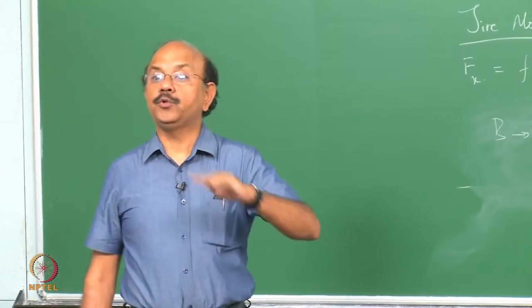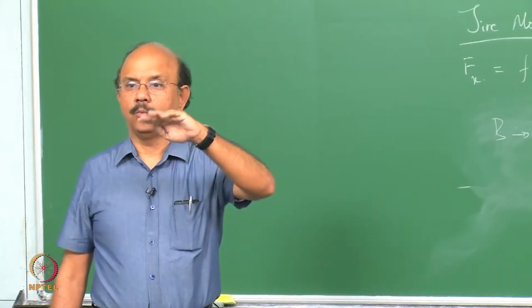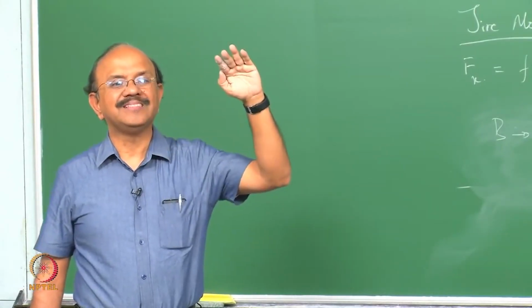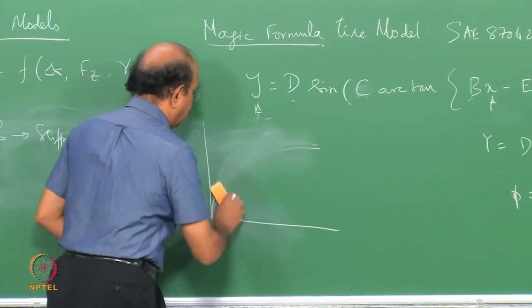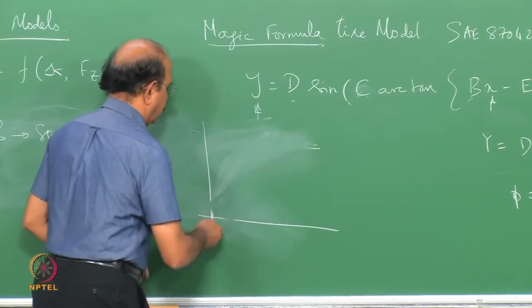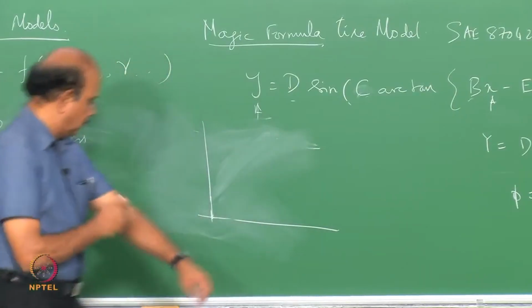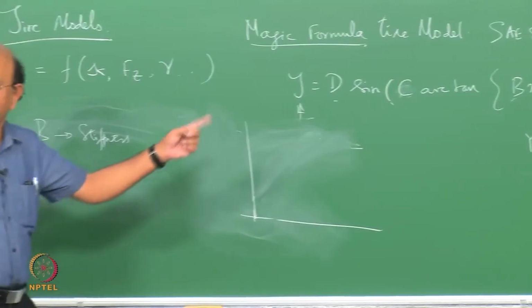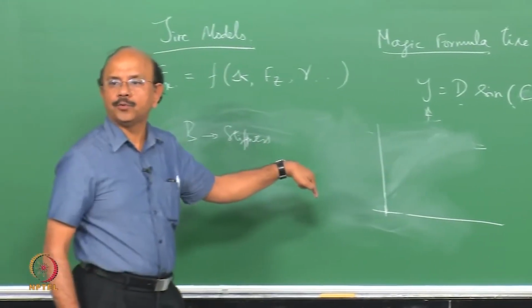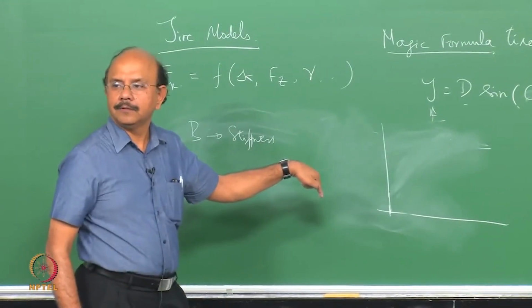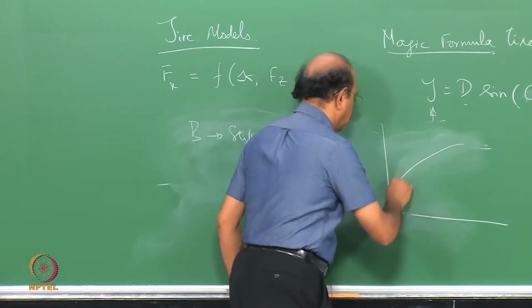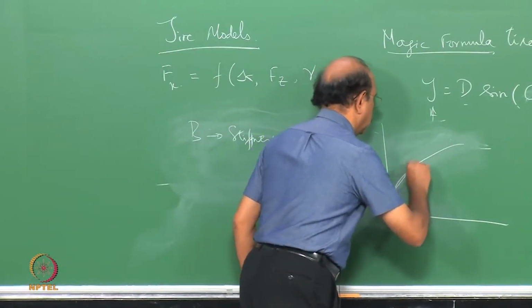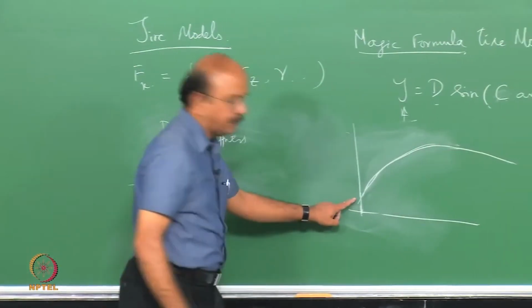I have to introduce a force when the slip angle is equal to 0. In other words, let's take Fy. It simply means that this curve should not pass through the origin. It has to pass through something like that.